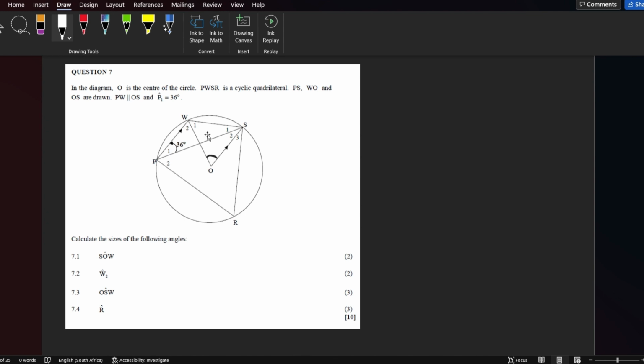So we can see that this forms theorem 2, which is angle at the center is twice the angle at the circumference, because the same 2 points subtend this angle at the circumference and the same 2 points subtend this angle at the center. Therefore, SOW will be 72 degrees. Why? Because angle at center equals twice the angle at the circumference.